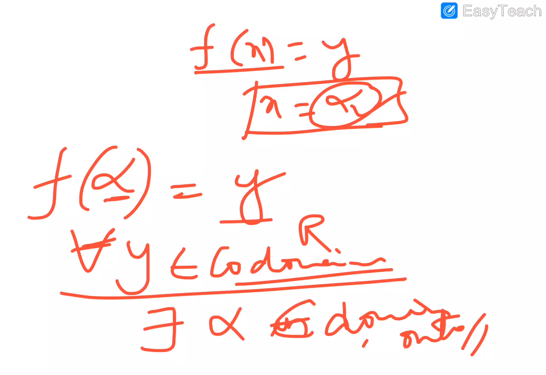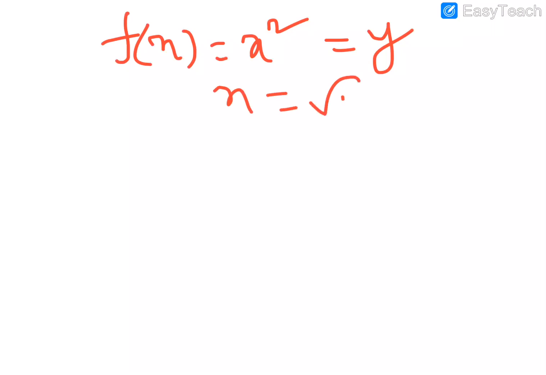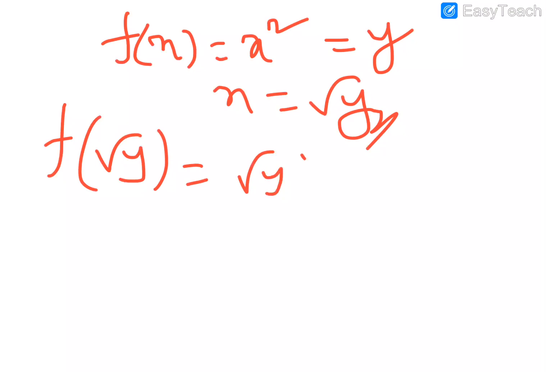Now which functions are not onto? Again here also our enemies are the powers with squares. What happens? x square becomes y, x is equal to root y. Again we get the concept of plus or minus root. Now what happens if you substitute? You get y.